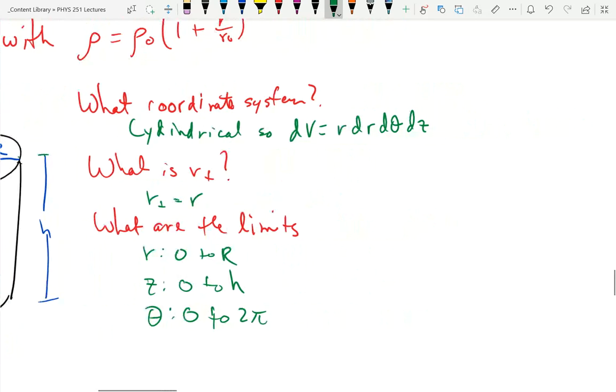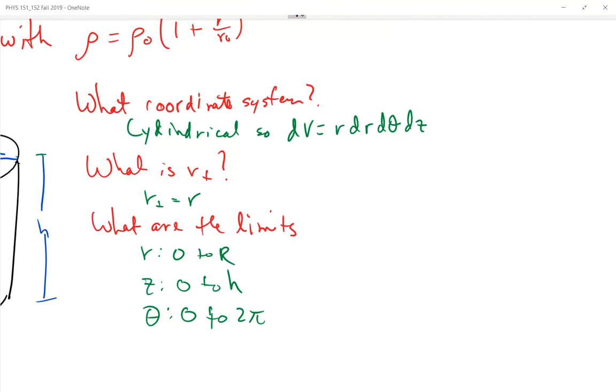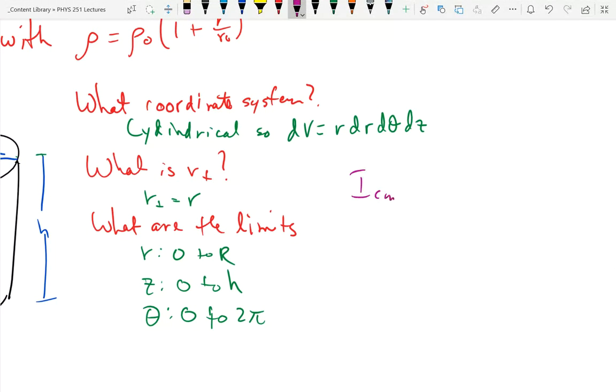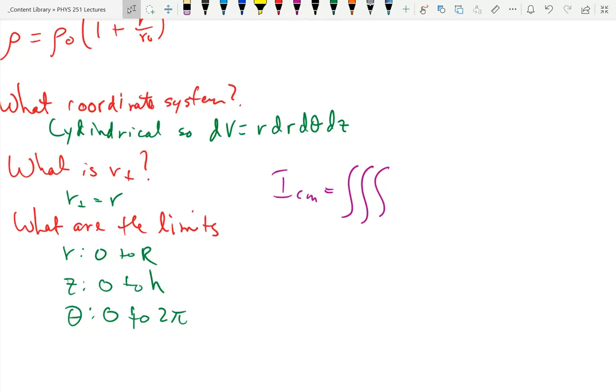Now that we have that all together, we once again do a triple integration. So we have the triple integral of r perpendicular squared dm.